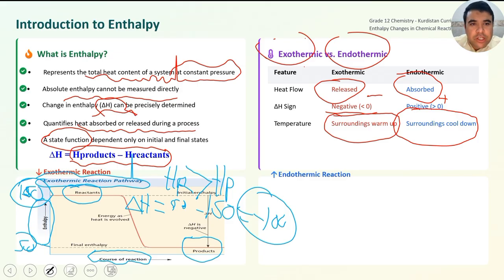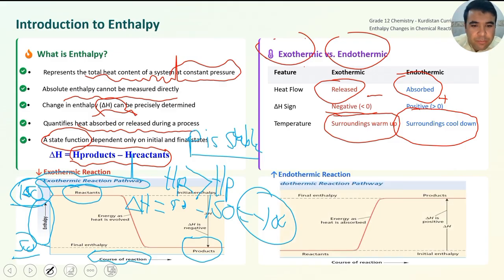Systems with low energy are what? Stable. So which position is in the lower energy position here? The product. So we can say simply that the product is more stable than the reactant because of having a lower energy state than the reactant.